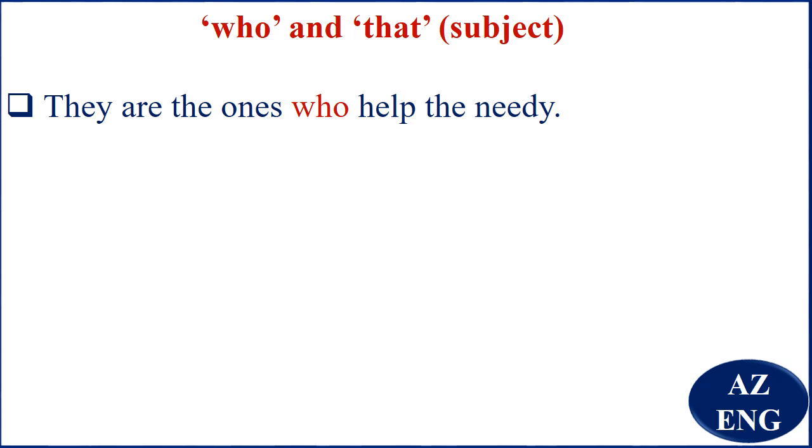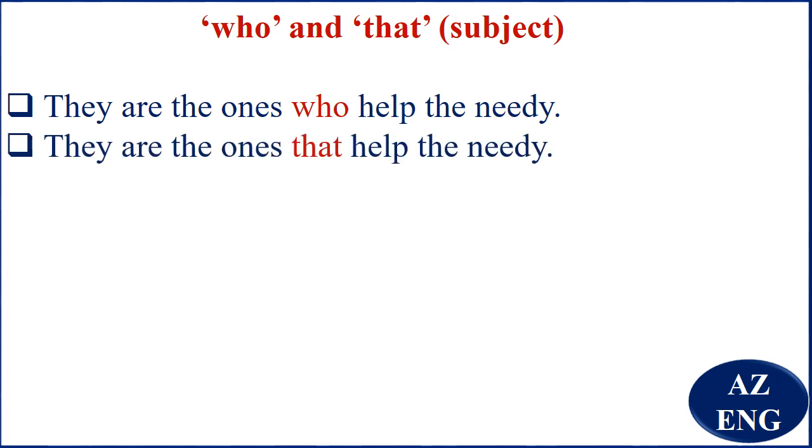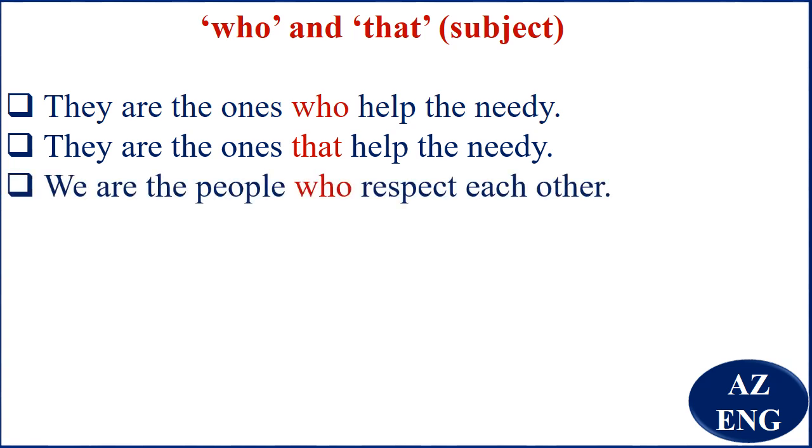And you can see that they are the ones that help the needy. Using that or who here is correct. I can say they are the ones who help the needy, and also I can say they are the ones that help the needy.